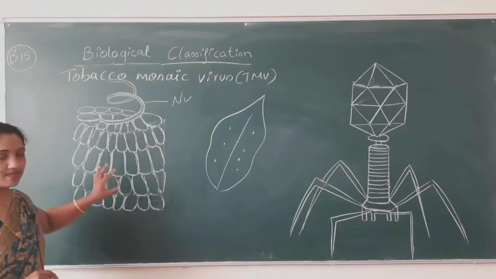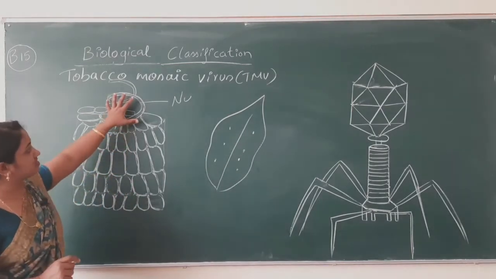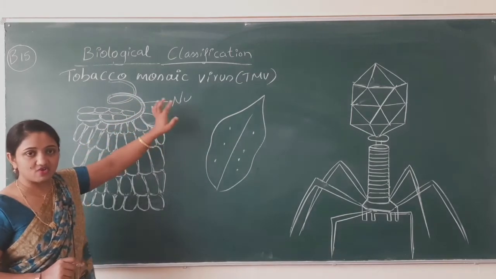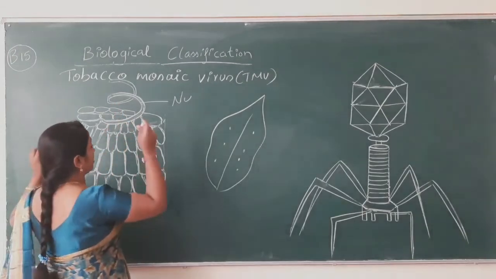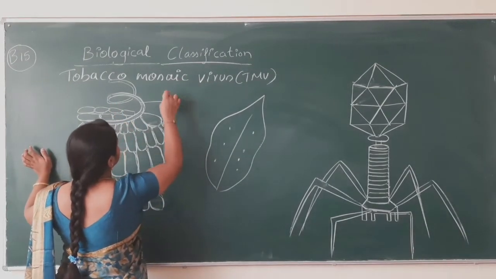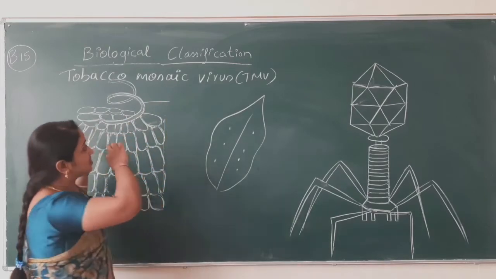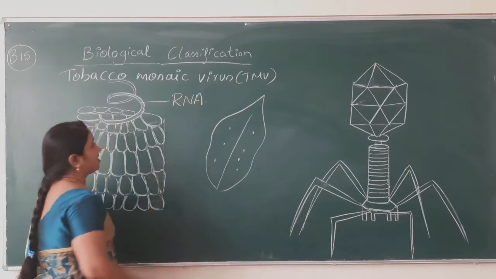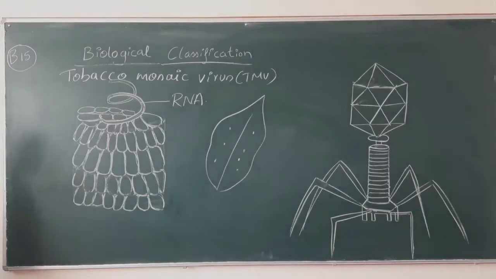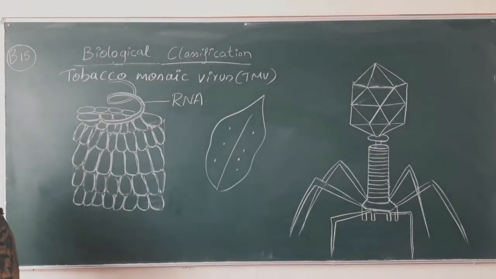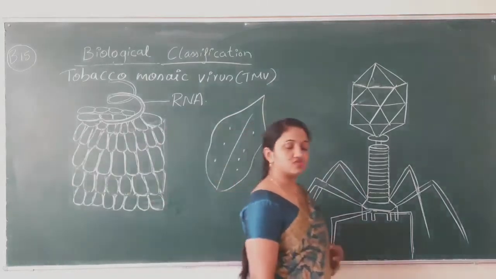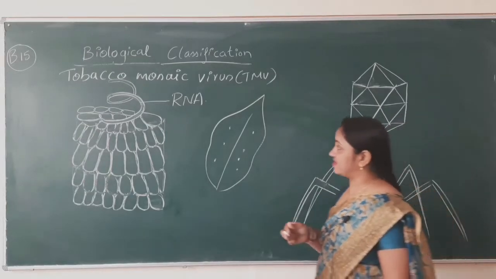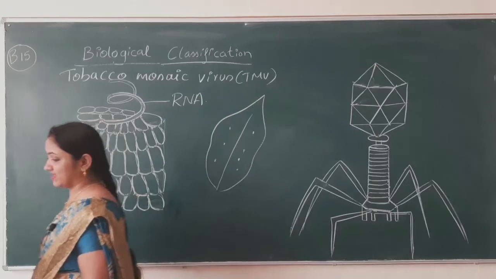We are speaking about the plant virus here. So if I am writing this as nucleic acid, what you have to learn is what type of nucleic acid is present in the tobacco mosaic virus. Here it consists of RNA, ribonucleic acid. This is one character we are giving to the tobacco mosaic virus.